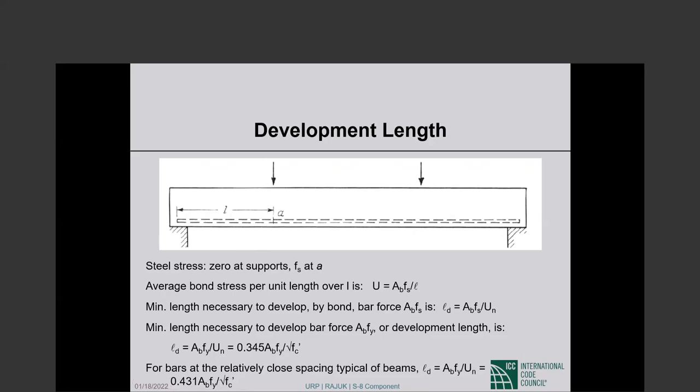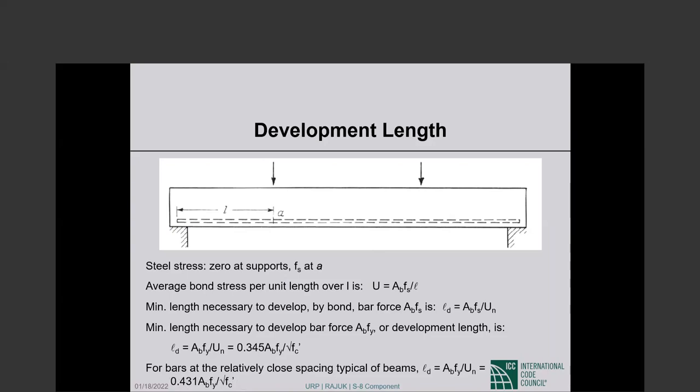Average bond stress per unit length over this length L is the cross-sectional area of the bar times the tension stress in the bar. A sub b f sub s is the force in the bar, divided by the length. Okay, average bond stress per unit length over this L is A sub b f sub s divided by L.